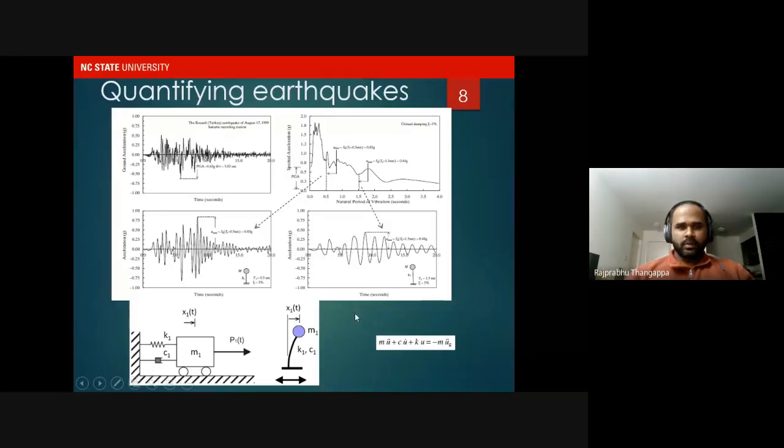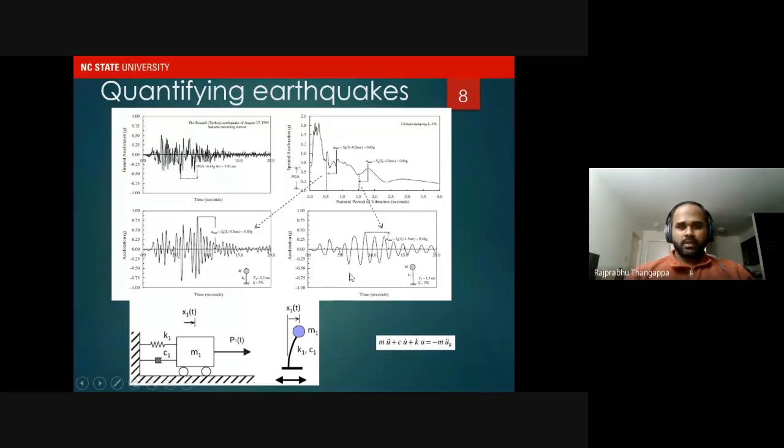So in order to understand or quantify the effect of an earthquake, we would have to solve the second order differential equation for a single degree of freedom system. And a single degree of freedom system can be characterized by a spring mass damper system subjected to a time dependent force. So when you say a time dependent force, it can be related to the time dependent earthquakes.